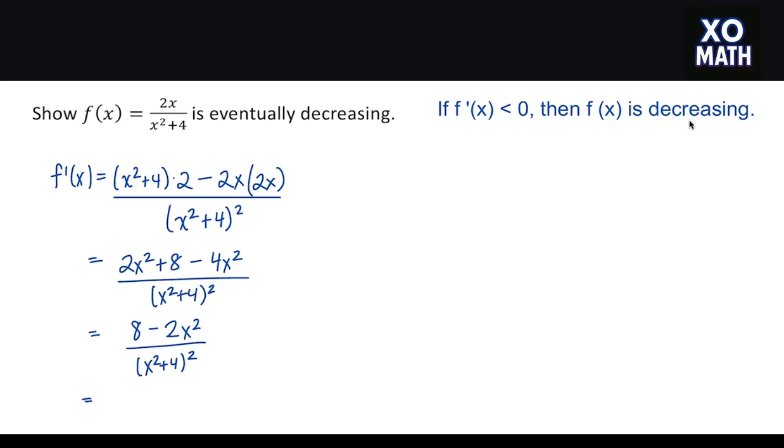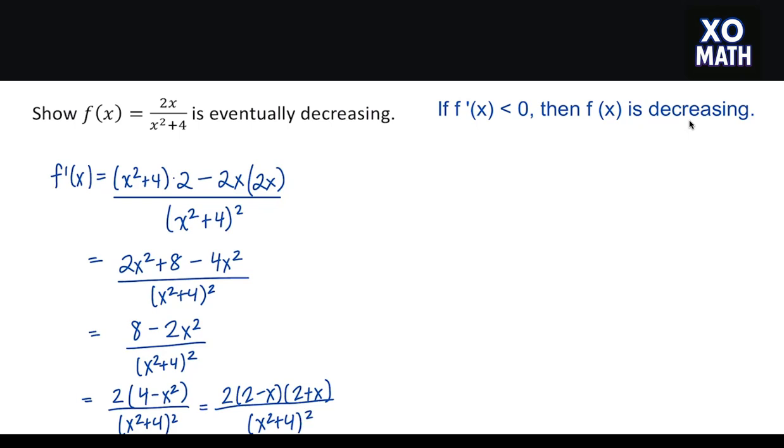I can factor out a 2. From the top, I'll have 4 minus x squared over x squared plus 4 quantity squared. And 4 minus x squared factors to 2 minus x, 2 plus x, all over the quantity x squared plus 4 squared.